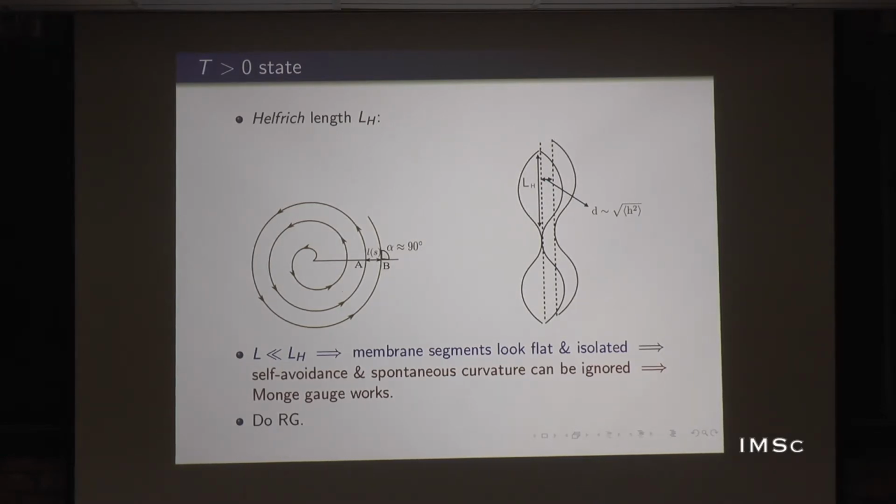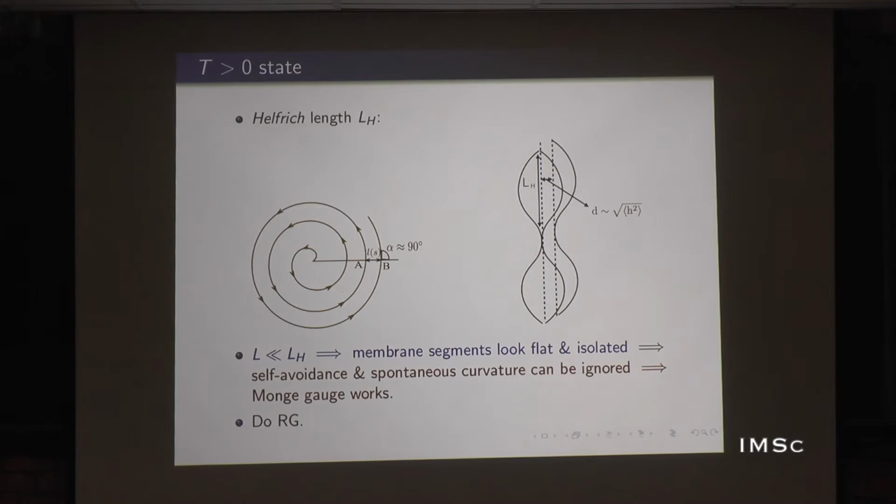Now, of course, they do not really keep touching at very small distances. If the temperature is low, they will touch at fairly large distances. So, there is a typical length scale L sub h called the Helfrich length, named after the German scientist Helfrich, who first thought of this physics.